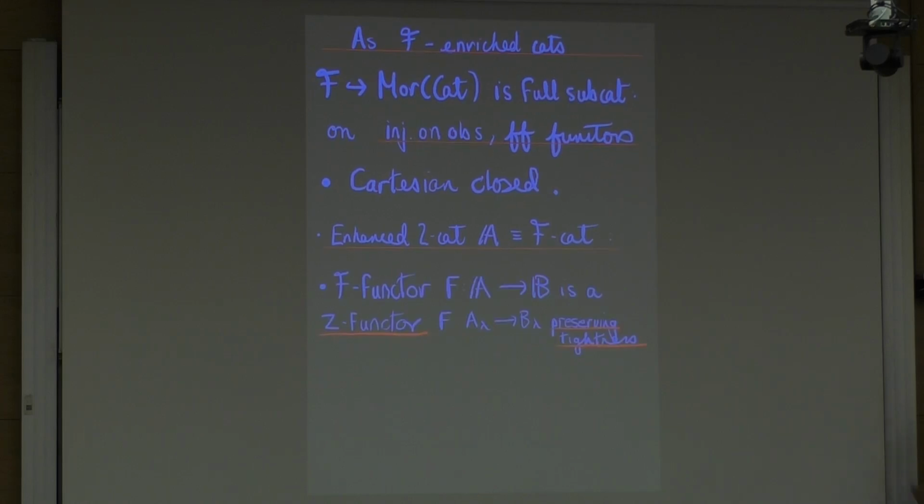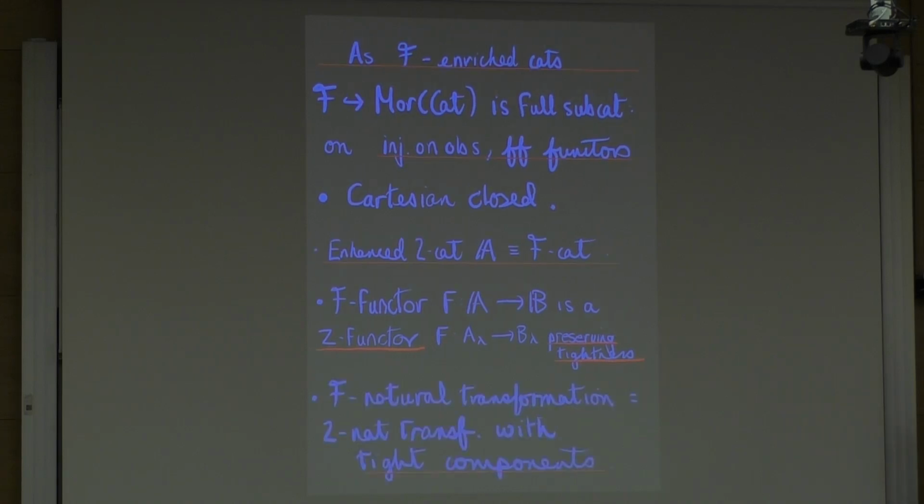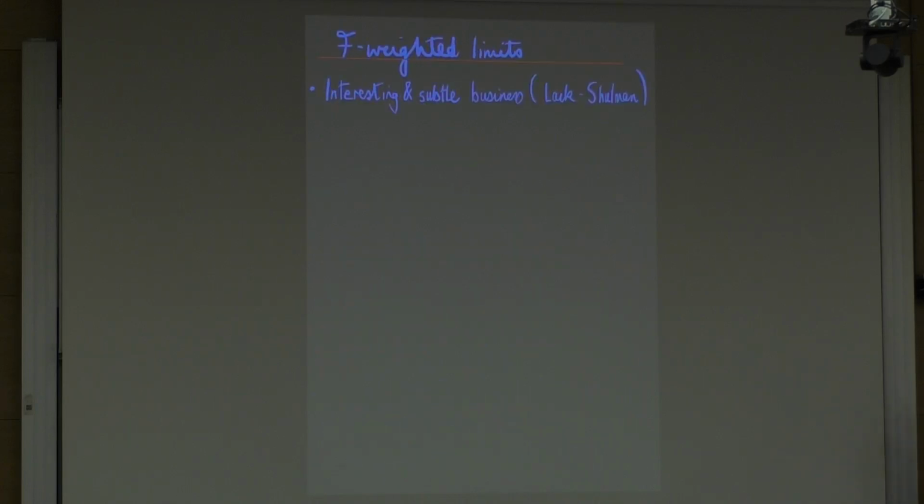But before going there, we can ask what the usual notions of enriched category theory give us. The enriched functors are just 2-functors which preserve the property of tightness, say. And you've got your enriched natural transformations. They're like 2-natural transformations, but whose components are tight morphisms. Okay? Good. And so the reason that Lack and Shulman introduced F-categories, enhanced 2-categories, is because they wanted to study some funny behaviour of limits that occurs in 2-category theory about the interaction of strict and lax maps.